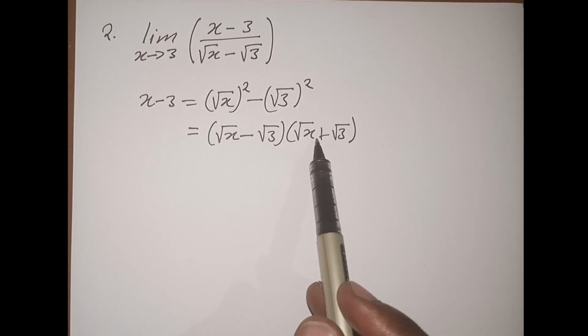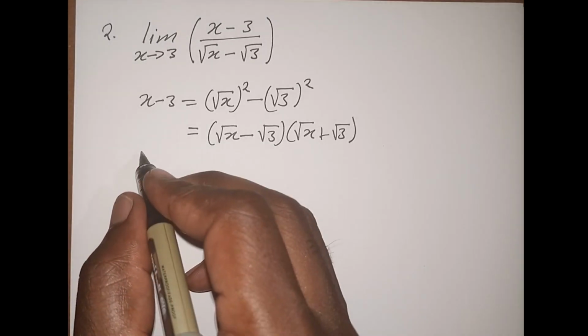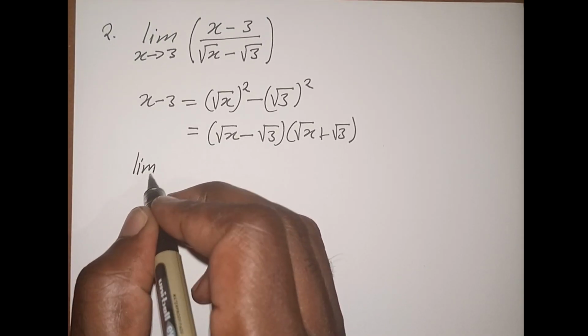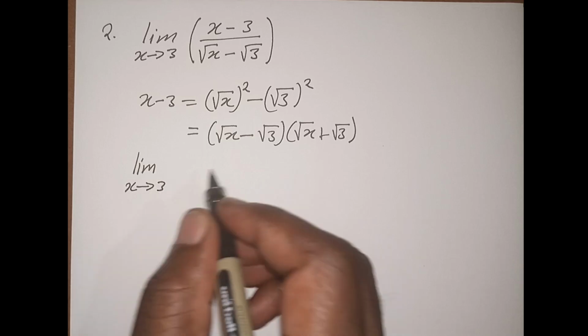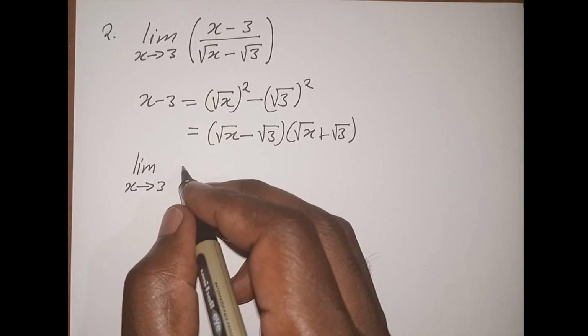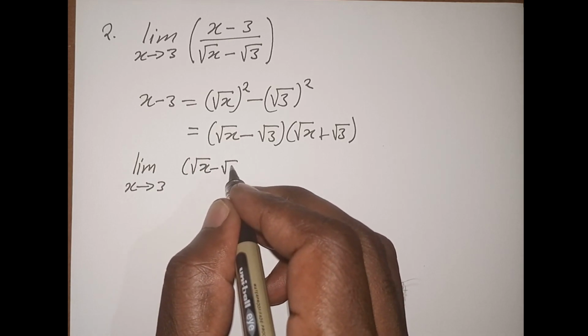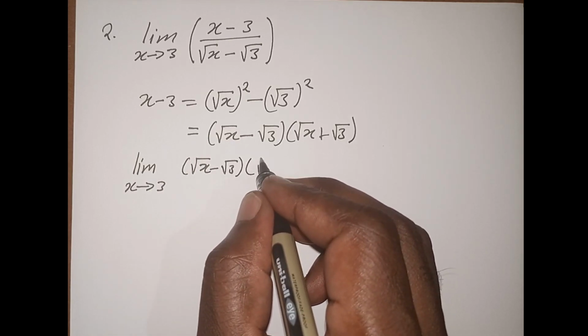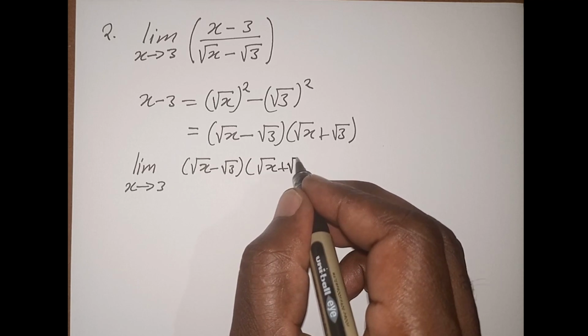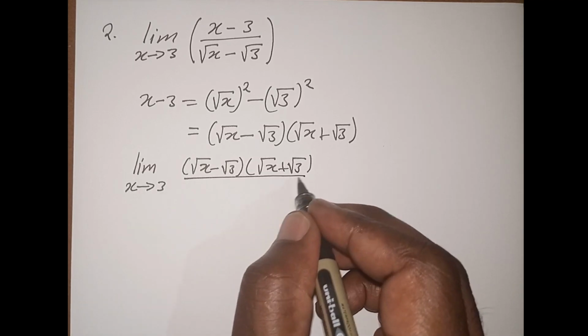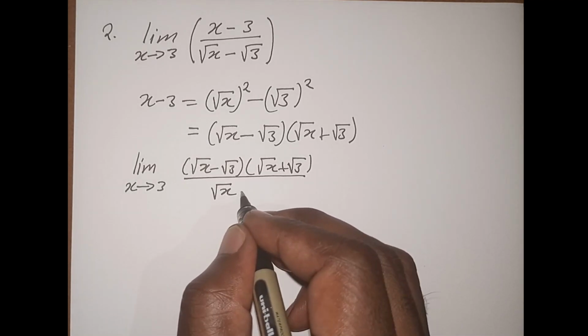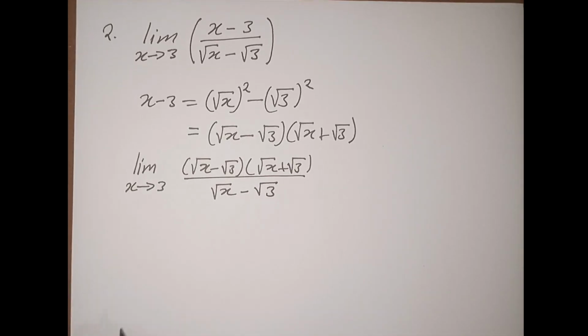Remember, this is your numerator, so you can write your limit as x approaches 3 of root x minus root 3, root x plus root 3, and everything over square root x minus square root 3.